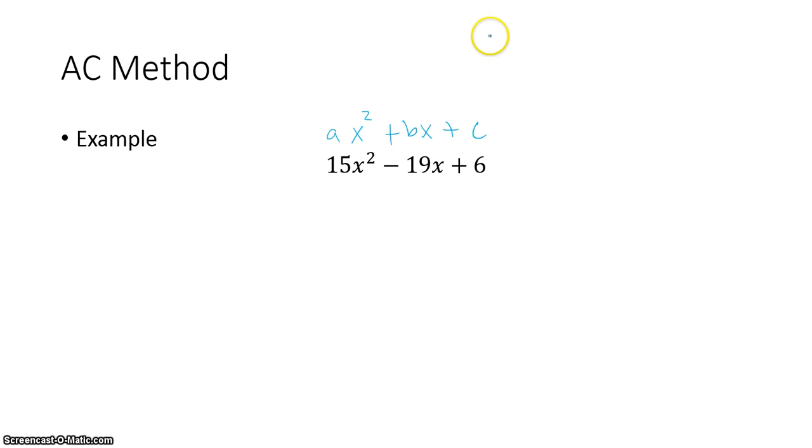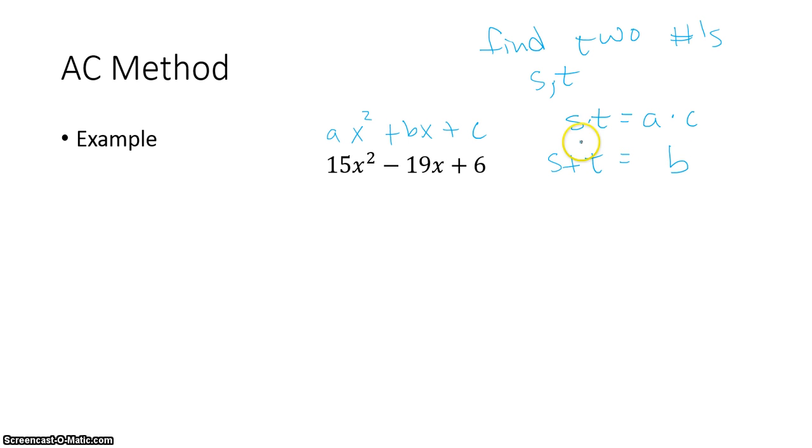Now, for the AC method, we want to find two numbers, and I'm going to call them s and t, where the following two things are true. One, we want s times t to equal a times c, and we want s plus t to equal b.